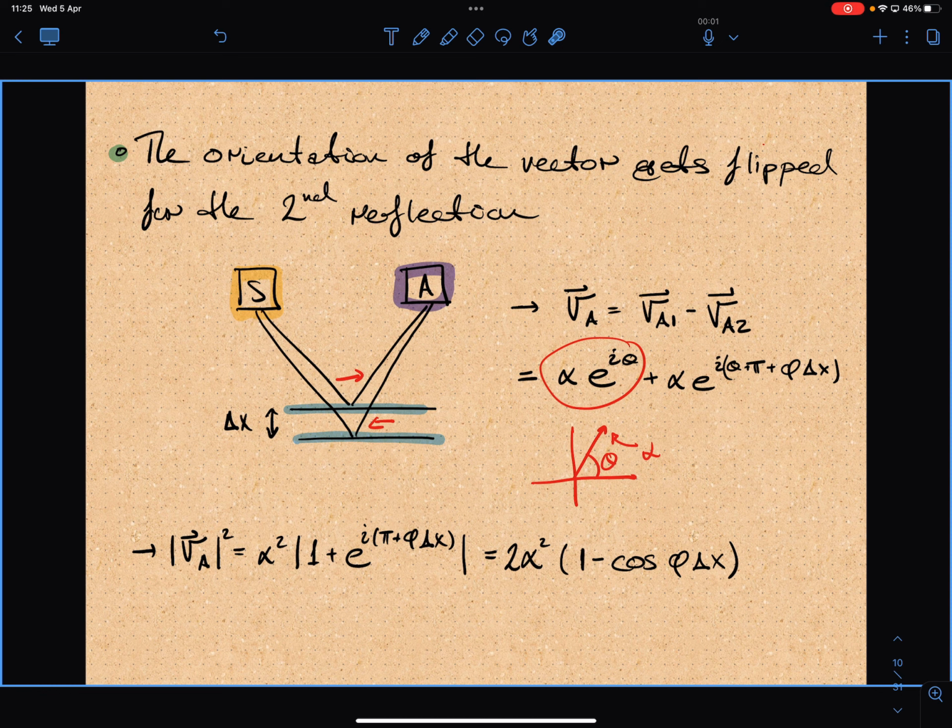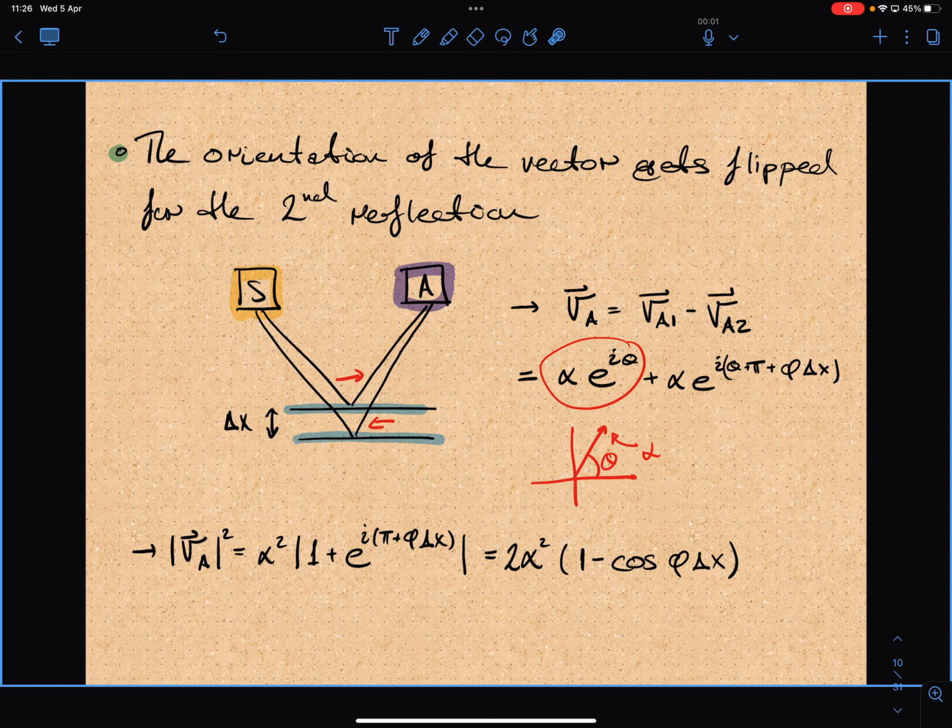And then in the second reflection, I am going to have the same coefficient of reflection, alpha, but the phase is going to have a different change. In here, I'm really assuming that the source and A are really close to each other, so that the difference in the path lengths, the difference between the length of this path and the length of this path, is really just given by this delta x.